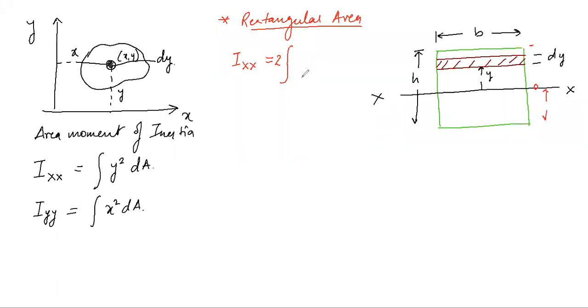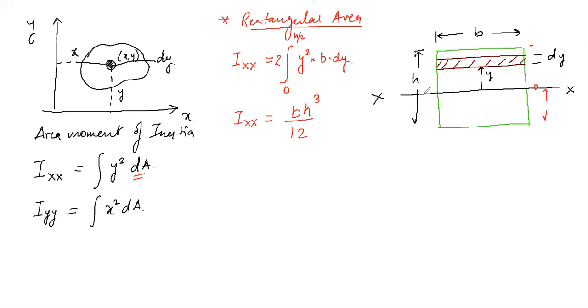So what will the value of the integration be? 0 to h by 2, this is your y square, into dA, that is area. So what will this area be? b into dy. If you integrate this, the moment of inertia about the x-axis should be written as b h cube by 12, right?